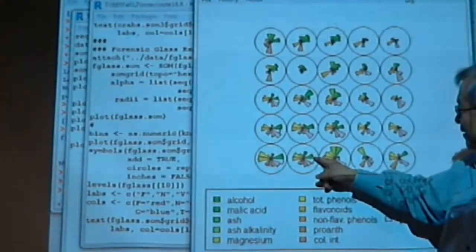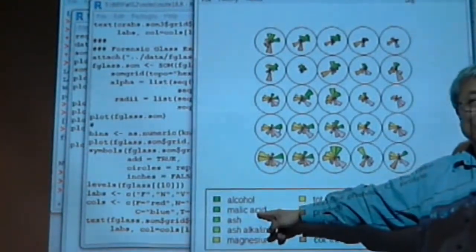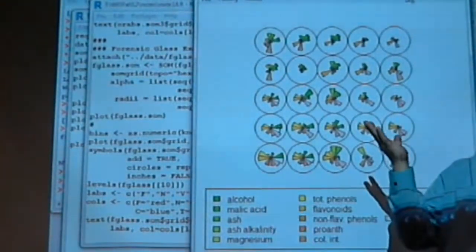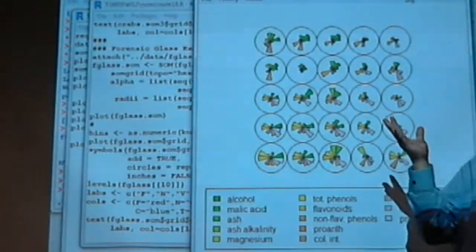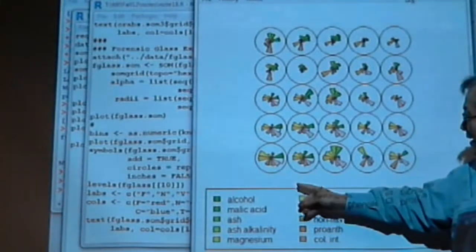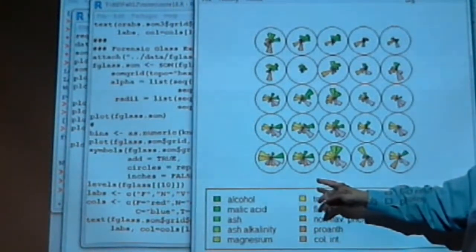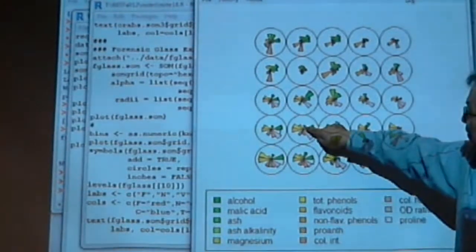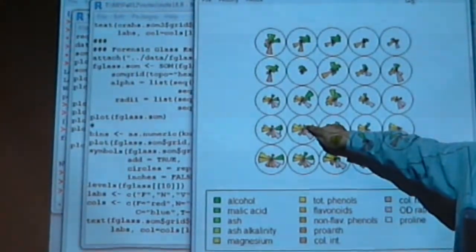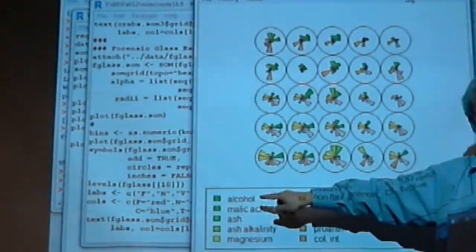So that's the first one. And the second one is, what is metallic exit anyway? I don't know anything about wine, so maybe I shouldn't say anything. This is the second variable right here. And the third variable is ash.